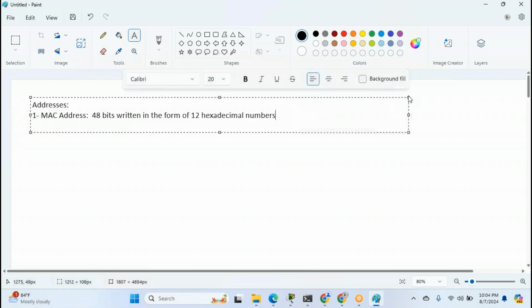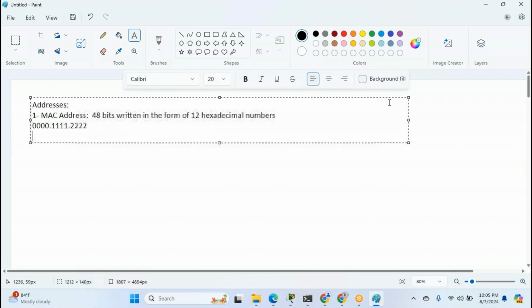When we are talking about different formats, let's say 000.111.222. These are 12 hexadecimal numbers in three portions of 4 hexadecimal numbers, separated by dot. The second possible option is we can write it as 00:00:11:11:22:22.